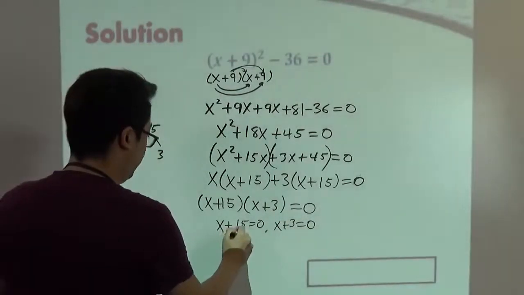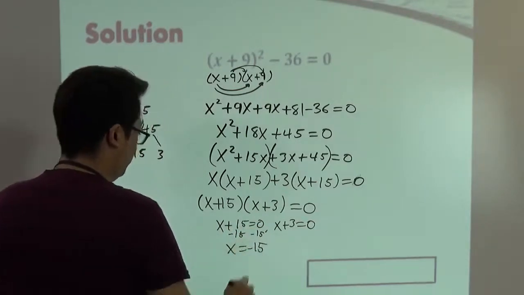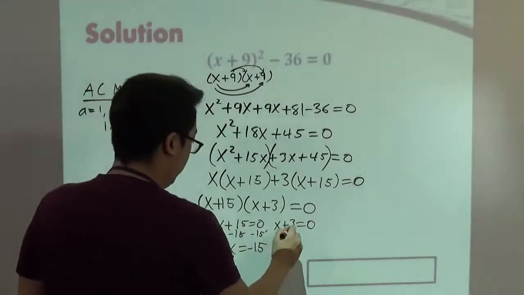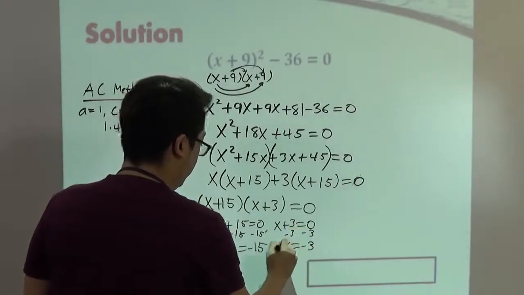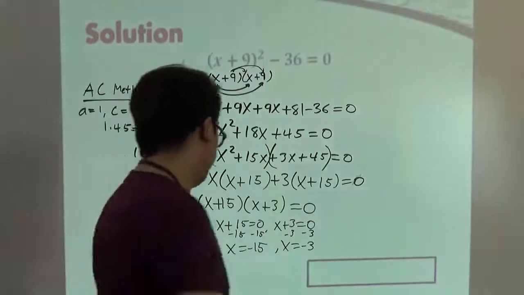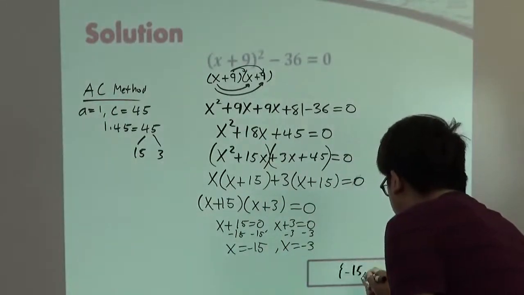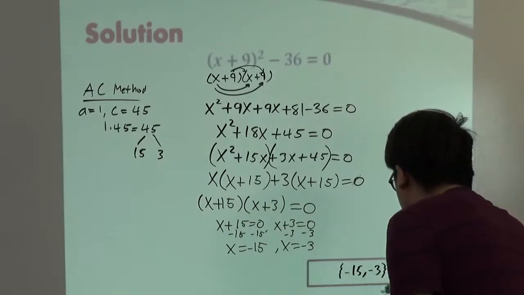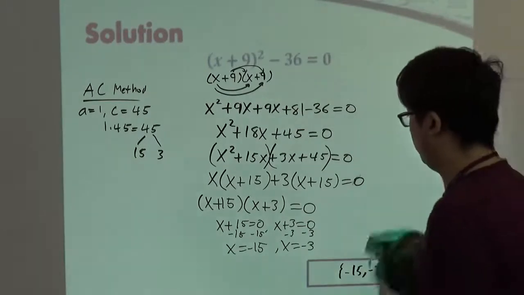I subtract 15 from both sides: x is equal to negative 15. And I subtract 3 over here: x equals negative 3. So my solution set would be negative 15, negative 3. So 2 answers. Okay, so let's check if that's correct.